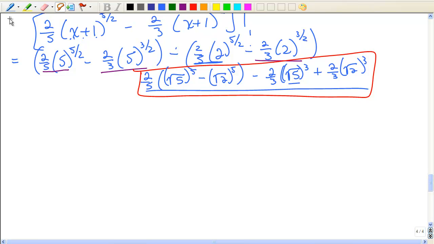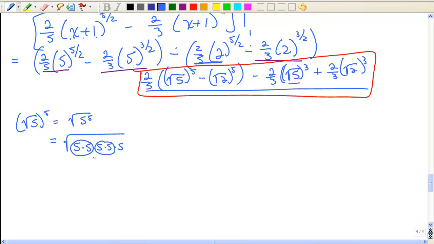Let's see if we can go back and review square roots. Right, so if I have the square root of 5 to the 5th power, that's really a bunch of 5s underneath. So if you recall, you can simplify those square roots. You can take out a 5, take out a 5. So that would be 25 square roots of 5.